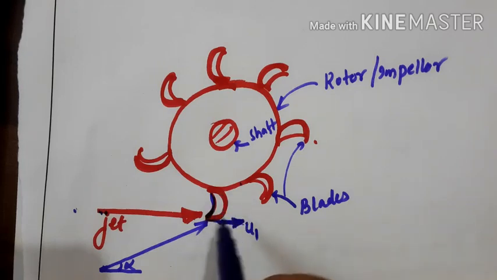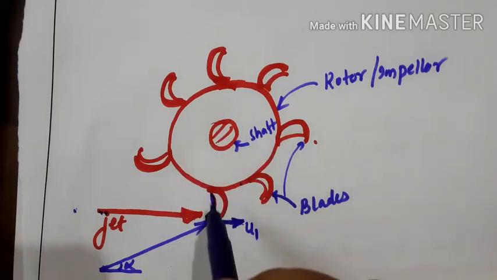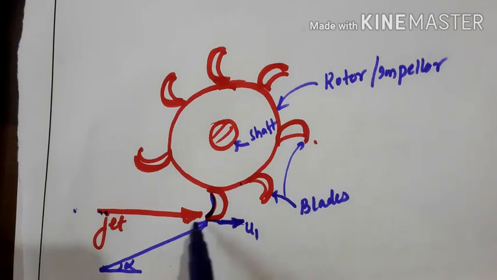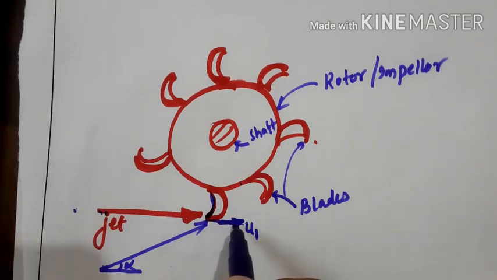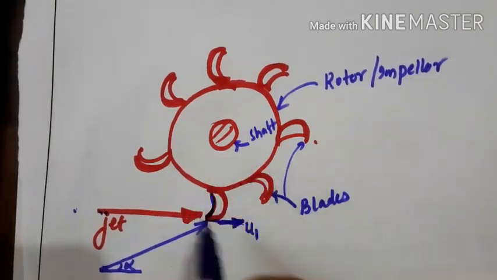I'll repeat, though the blades move in a circular path, but when we draw a velocity triangle, we are taking a linear path. So initially, for a very small amount of time when it is in contact with the jet, it will first move linearly. The moment the jet strikes, it will move linearly with velocity u1, then it takes the rotary motion actually.